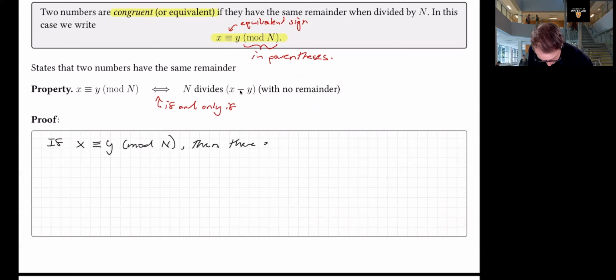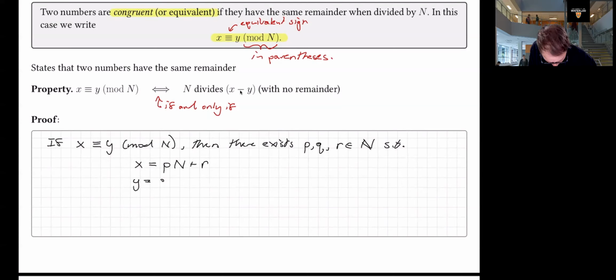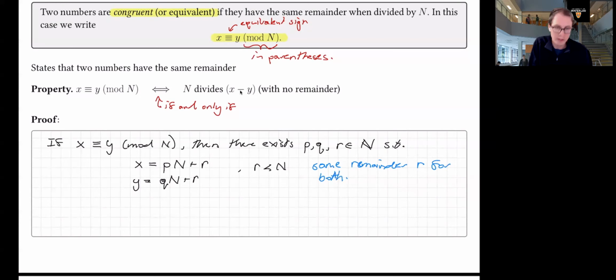So then, when I divide by capital N, there exist two numbers, P and Q, and an R that are all natural numbers, such that X can be written as P copies of N plus a remainder R, and Y can be written as Q copies of N plus the same remainder, where the remainder is less than N. And notice, just to emphasize, same remainder R for both. Right? That's the definition of equivalence.